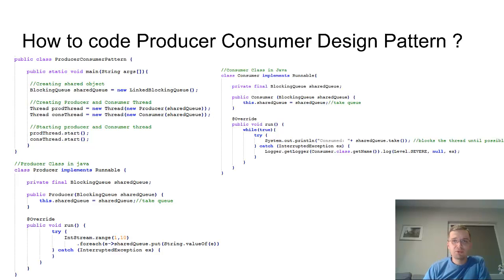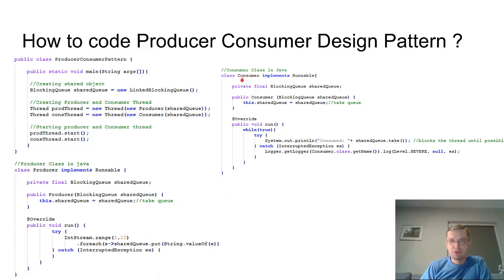So how to code the producer-consumer design pattern? First of all, we have the producer class that implements Runnable. Inside the class we have a queue defined, which is a blocking queue. In the constructor we get the queue, and when the thread is run, it will produce numbers from 1 to 10 and put them on the queue, and that's it actually.